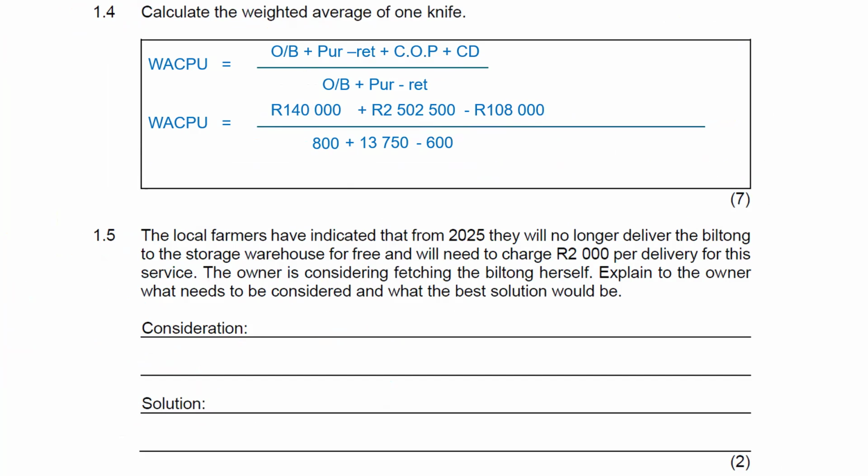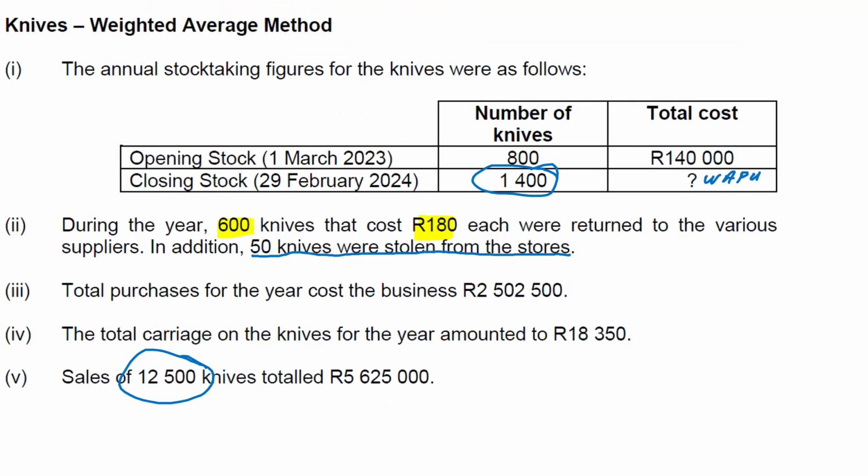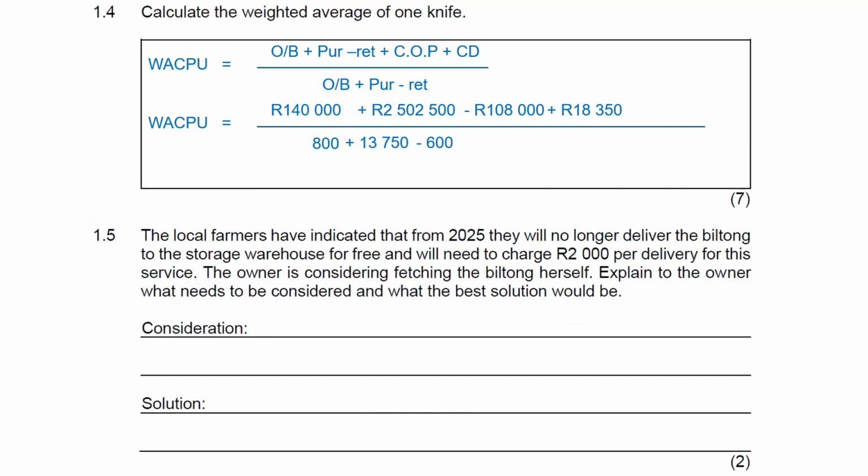Now this will give us the weighted average cost. Oh, we added carriage here as well, I forgot that. They gave us carriage on purchases of those knives, which amounted to 18,350. And this will give us the weighted average cost per knife, and that will be 183 Rand.